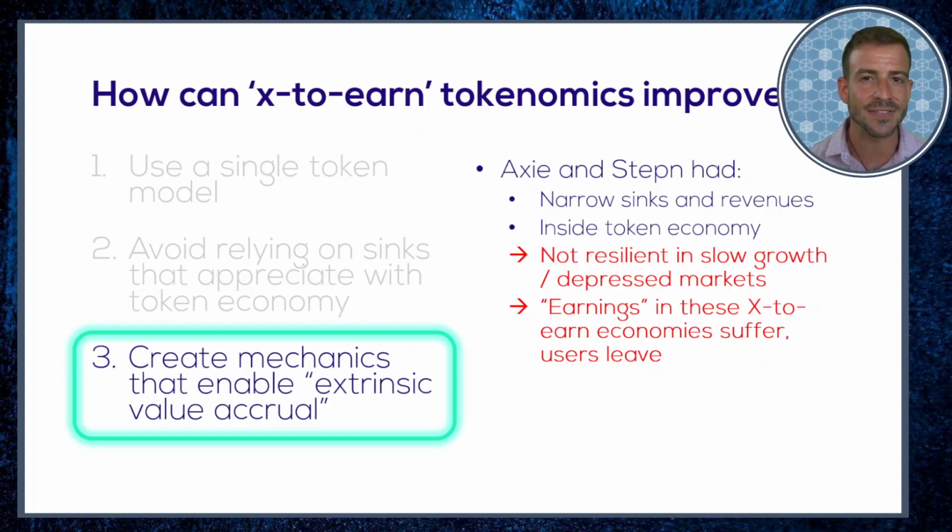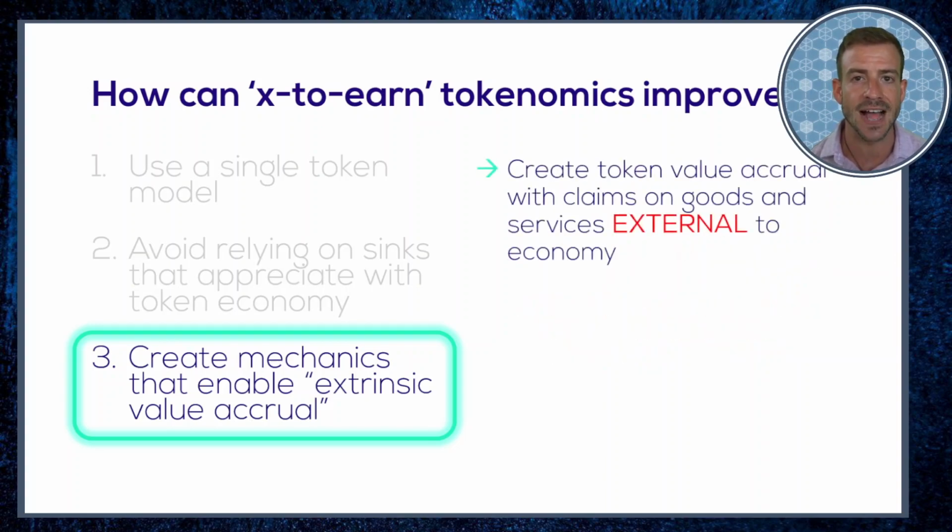The authors say that there is something we can still do in this situation, and they propose a really clever idea. They propose that we create value accrual for token holders by using claims on goods and services that are external to the token economy itself. This is what they call extrinsic value accrual.